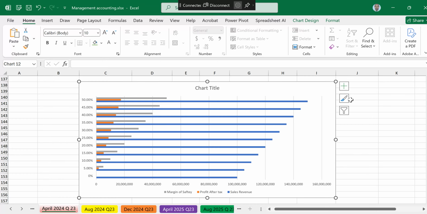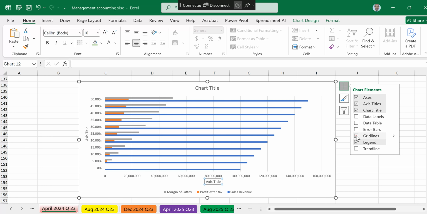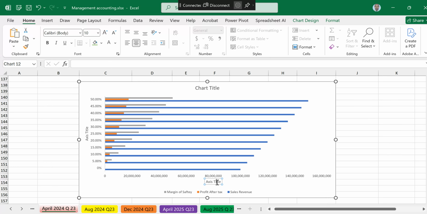Edit a bit to include axis titles. Include the axis. This one will be amount. This will be batches.